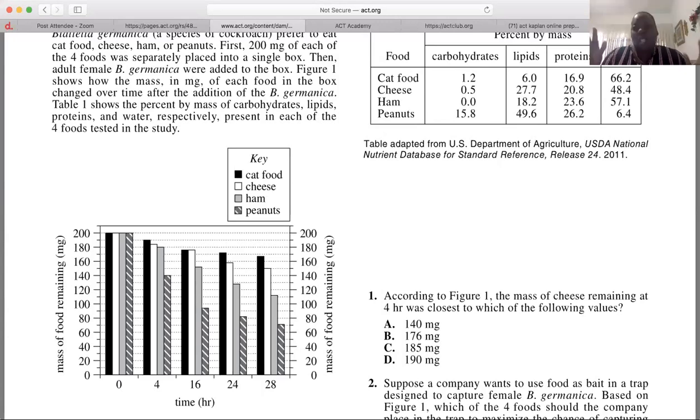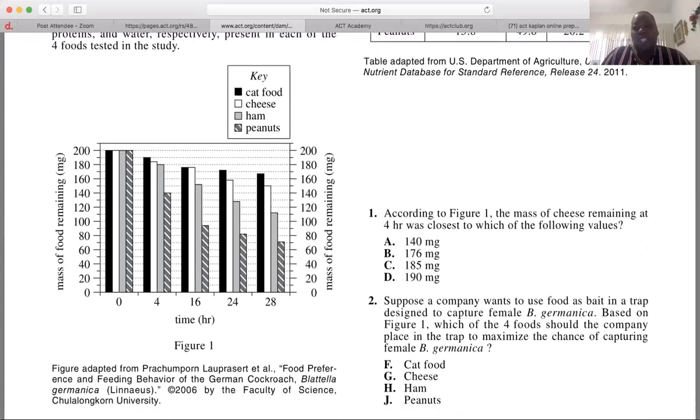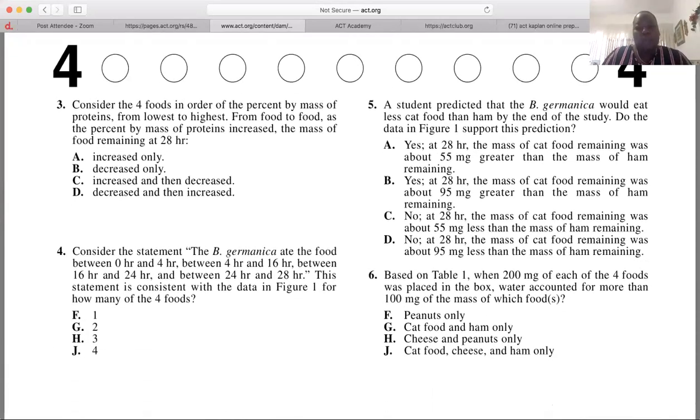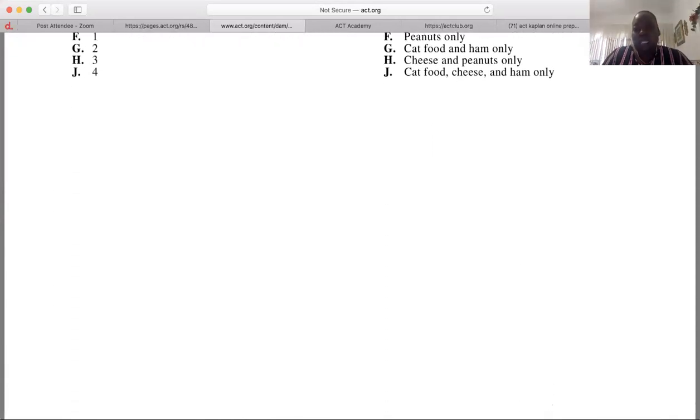After this session that we're having today, make sure you familiarize yourself with all of the various types of questions that you'll see throughout the ACT science section.